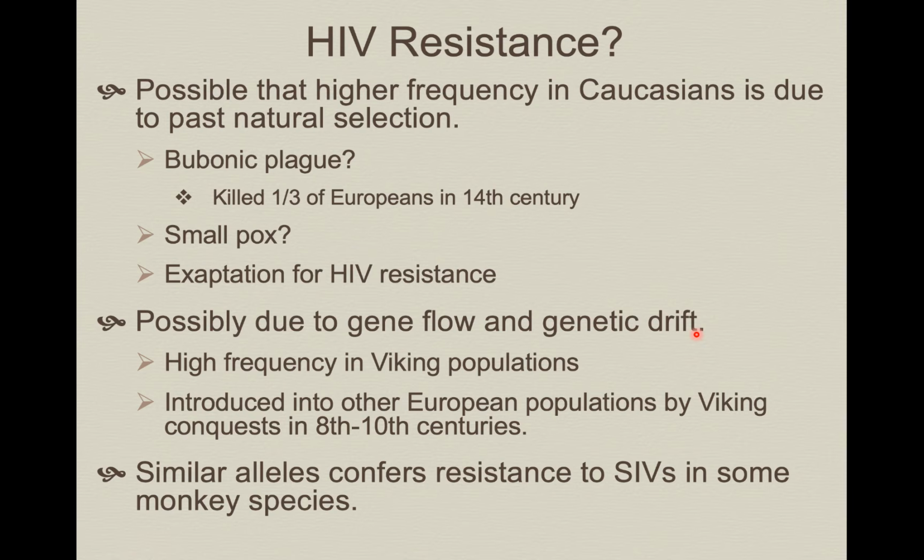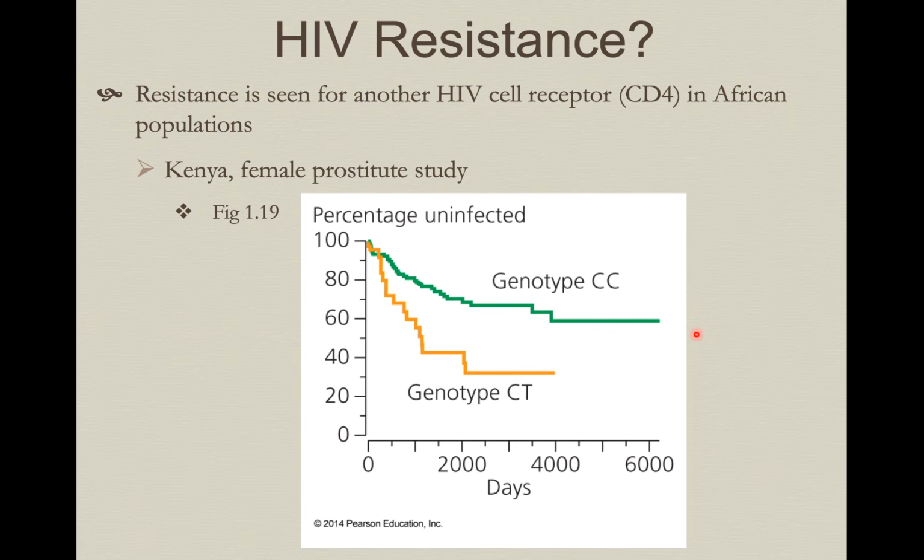Similar alleles have been found to confer resistance to SIV in different monkey species. SIVs are viruses in the same family, very closely related to HIV, and so studies of those have helped us understand, again, HIV's properties. Another resistant allele is in the genes associated with the CD4 cell receptor.